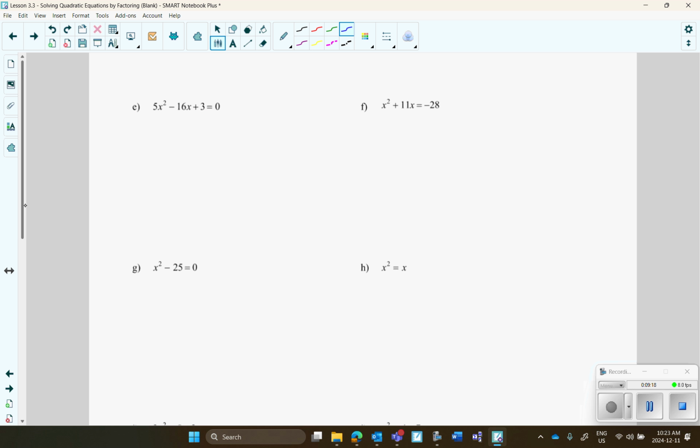Let's look at a few more. Here we have another AX. Well, we've got 0 on one side, so we factor the other side. 5x and x for sure.